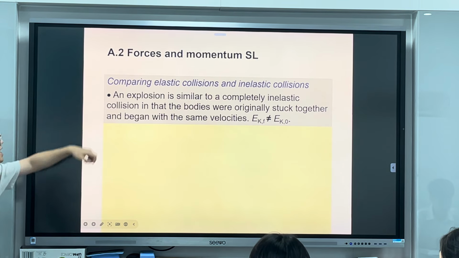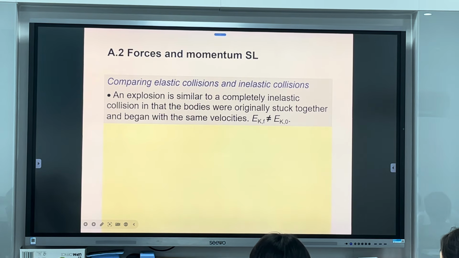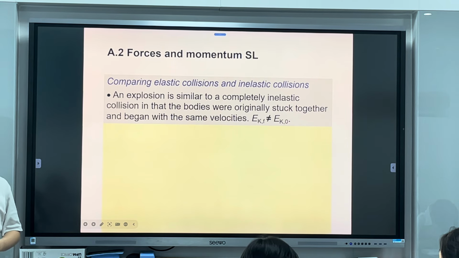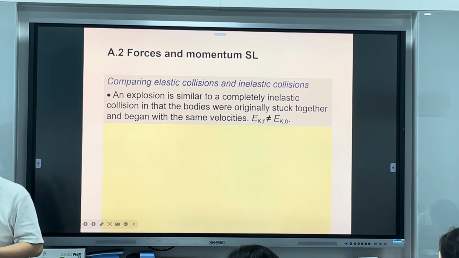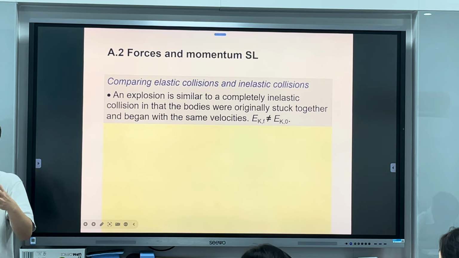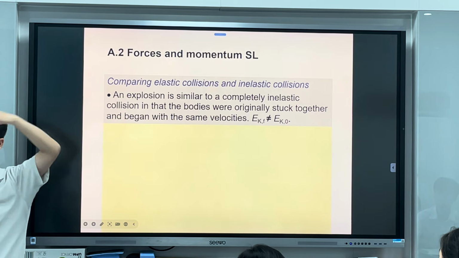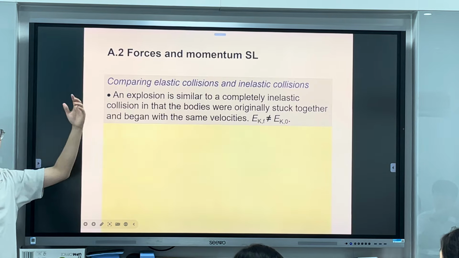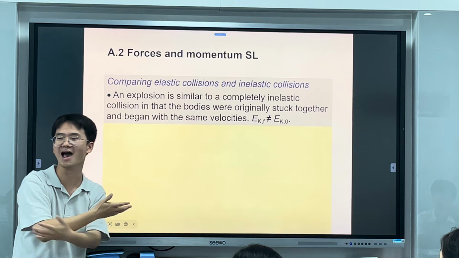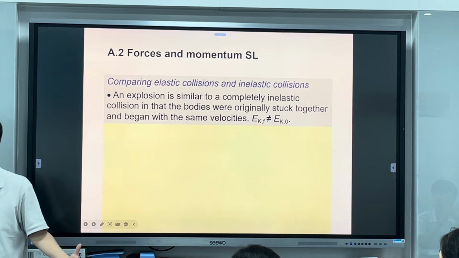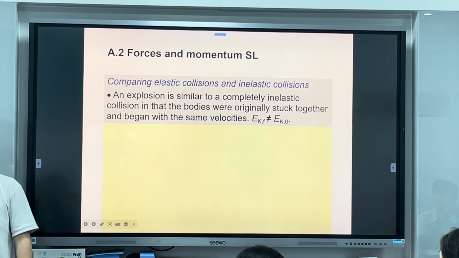So that's the reason why an explosion is a completely or perfectly inelastic collision. So which means in an explosion, kinetic energy change is the greatest, right? Before, the bomb is stationary, after, all parts are moving in all different directions. So before there's zero kinetic energy, after the explosion there's a lot of kinetic energy, right? Okay.